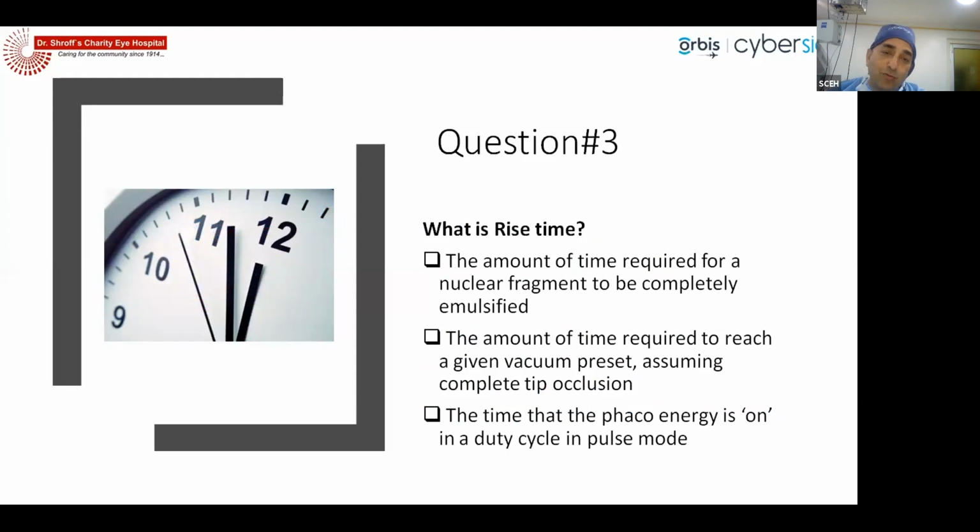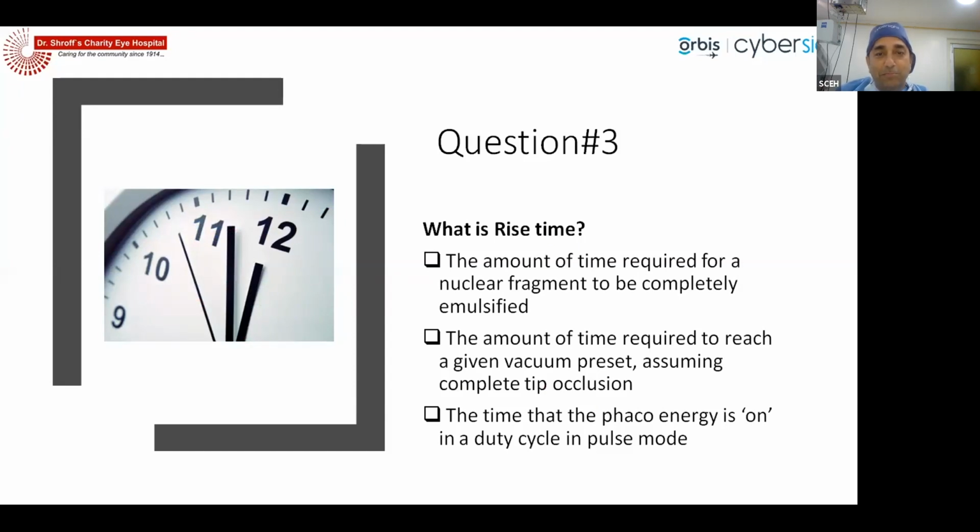And the last question is, what is rise time? Is it the amount of time required for a nuclear fragment to be completely emulsified? The amount of time required to reach a given vacuum preset, assuming complete tip occlusion? Or is it the time that phaco energy is on in a duty cycle in pulse mode?